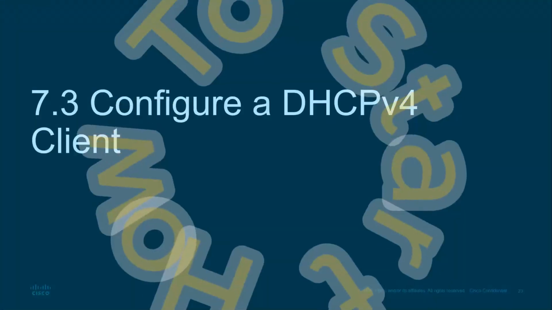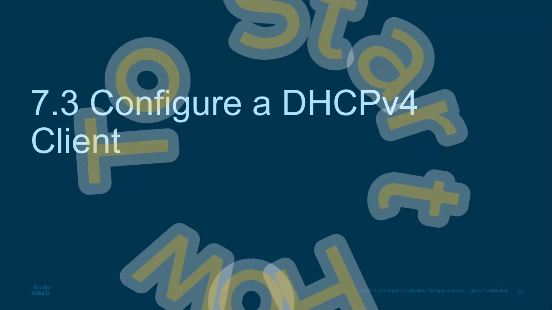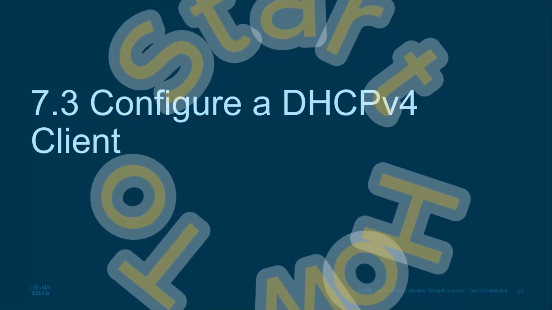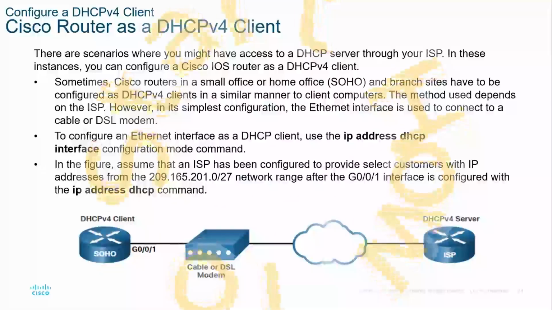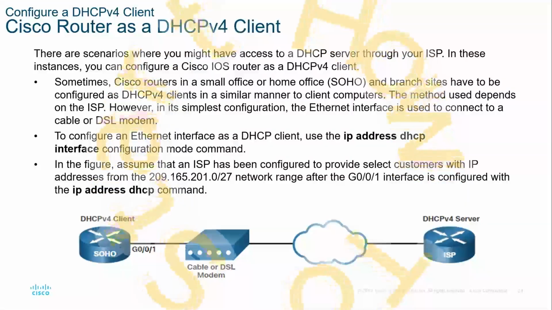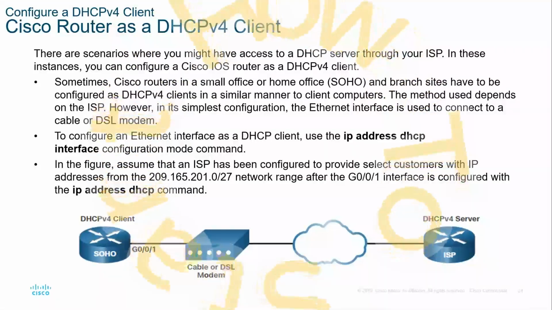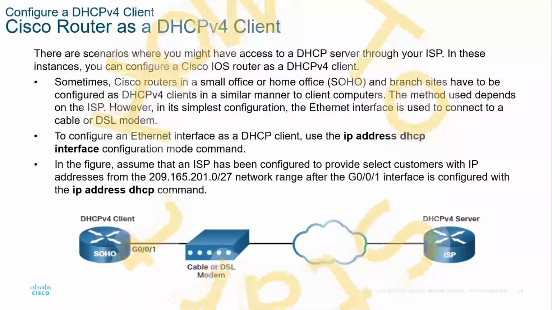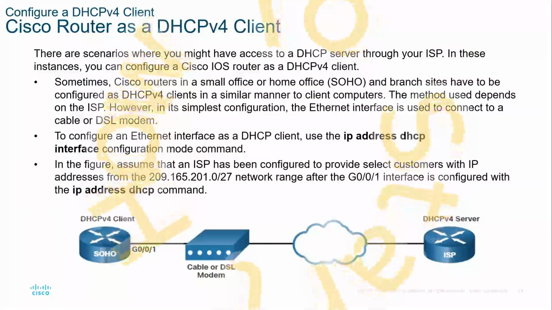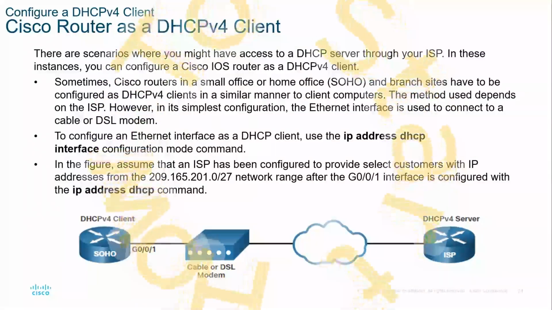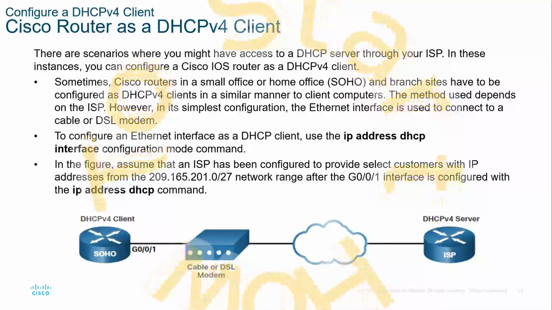So, lastly is how do we configure a host or a client for DHCP? If we have like an ISP router, that router may be configured to hand out addresses. So on the client side, we may have DHCP for an interface.